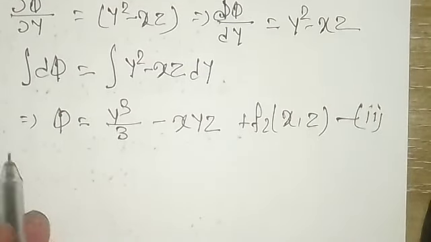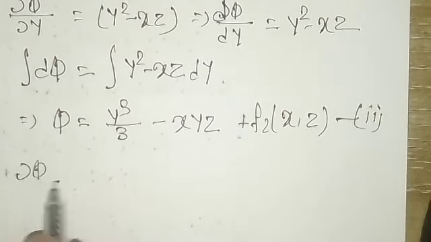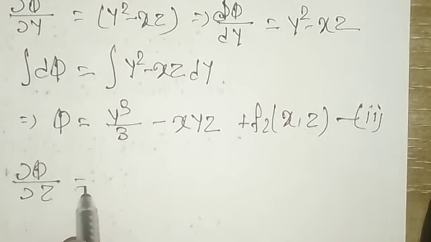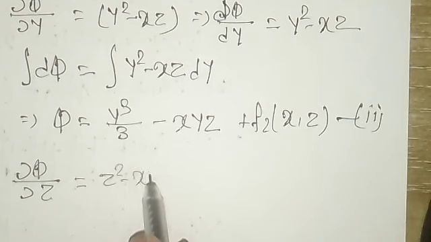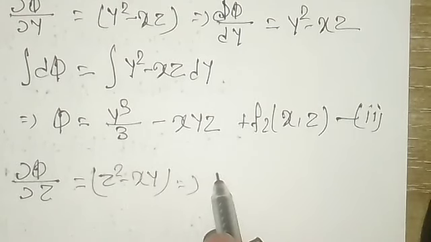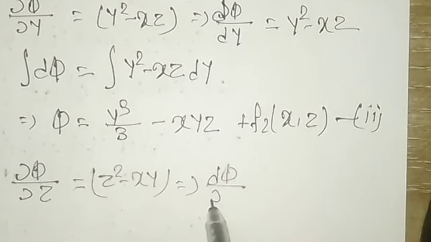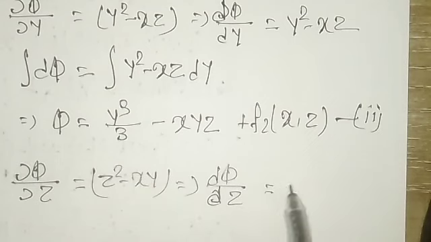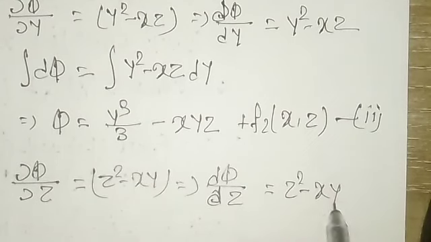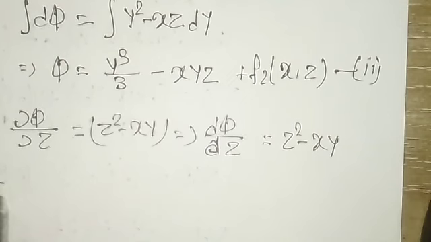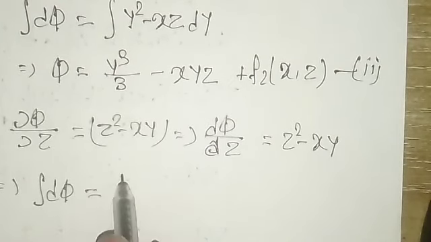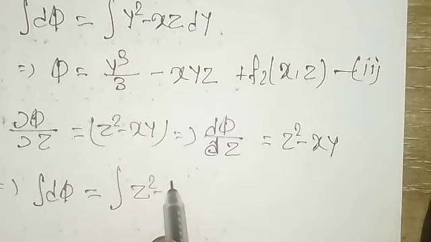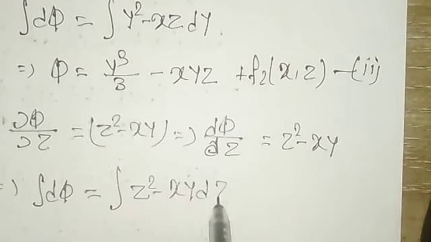Similarly, we can go for z, that ∂φ/∂z is equal to, the k coefficient is z² minus xy, right? So here itself you can write dφ/dz is equal to z² minus xy, or further you can simplify this, that is integration of dφ is equal to integration of (z² minus xy) dz, right?